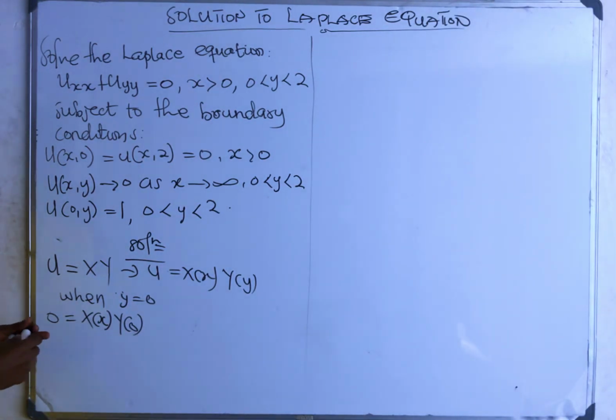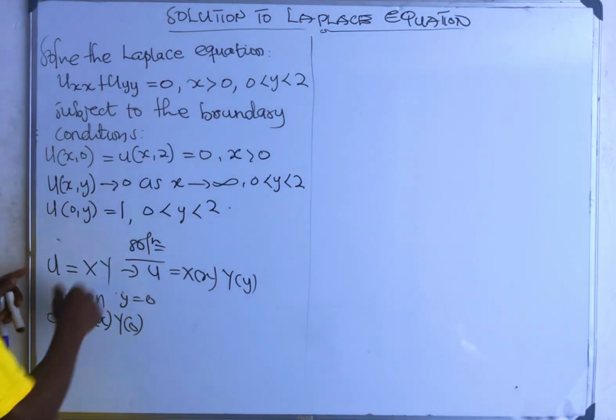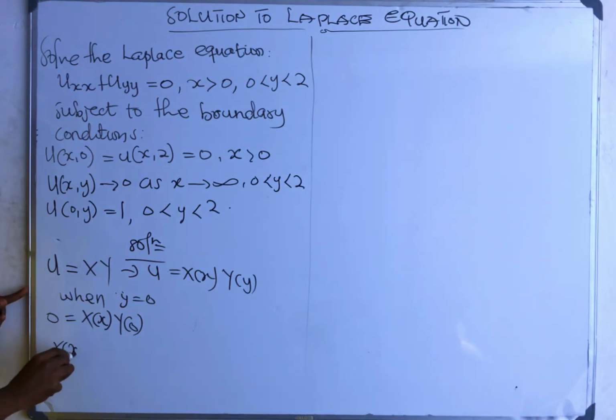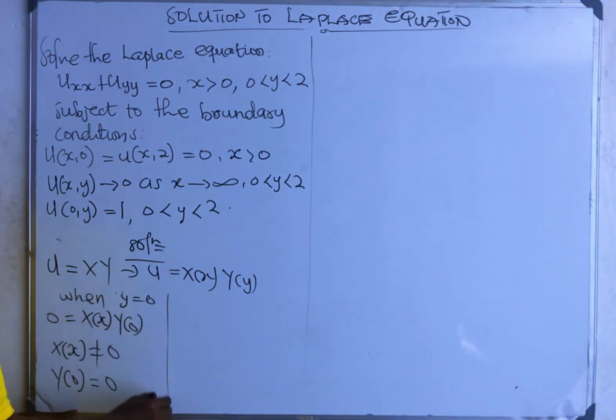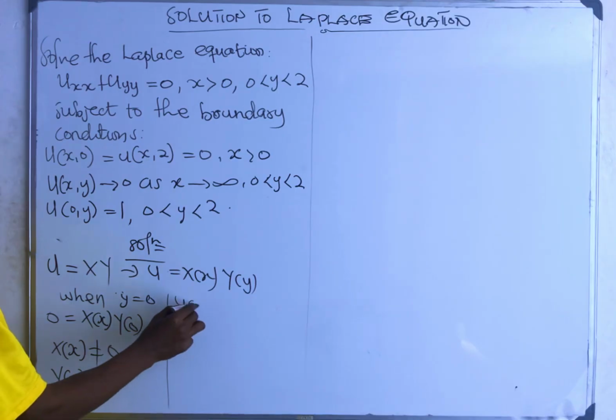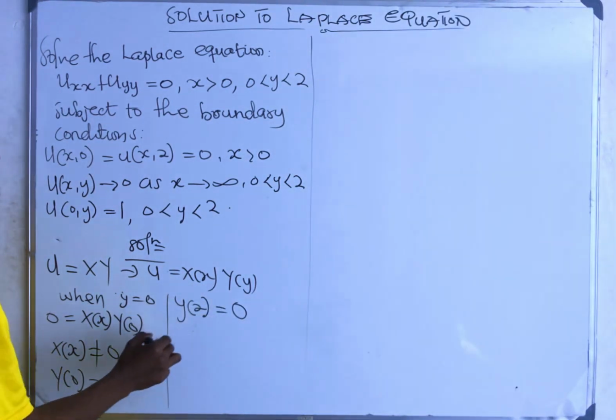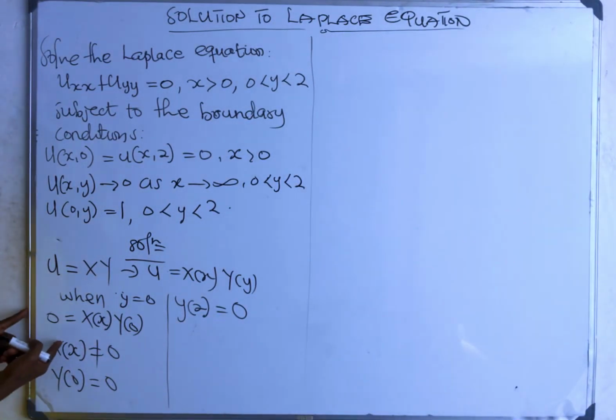And you know that we said that x is greater than 0. It means that X(x) cannot be equal to 0. So Y(0) is what? Equals 0. You apply the same process to this side. What we're also going to get is Y(2) equals 0, because when you apply the same process, you get the same thing.